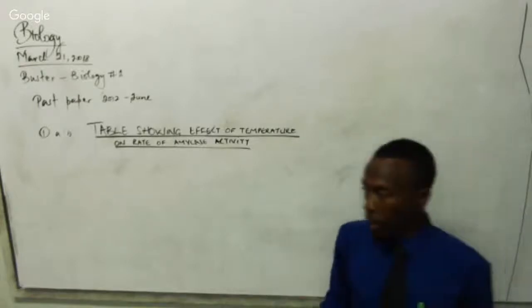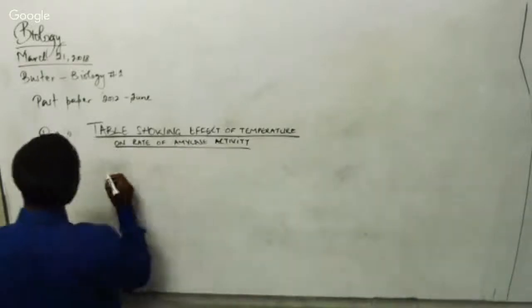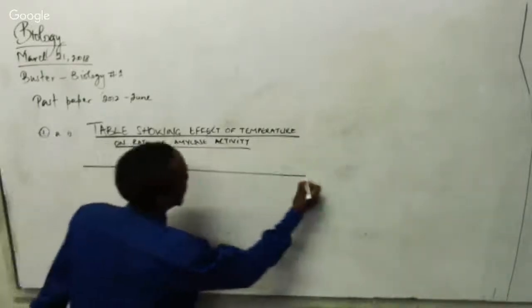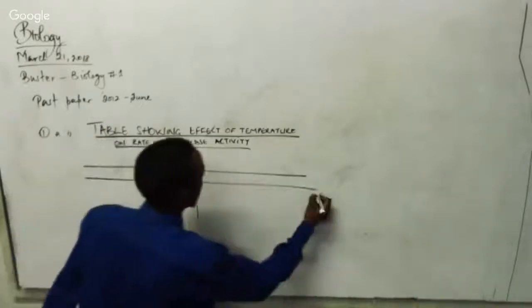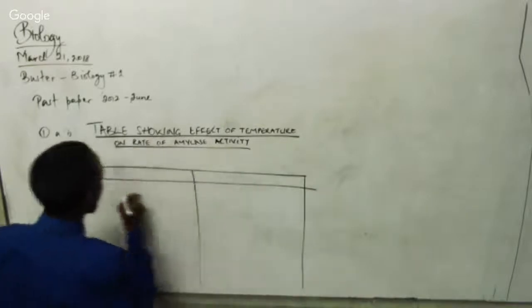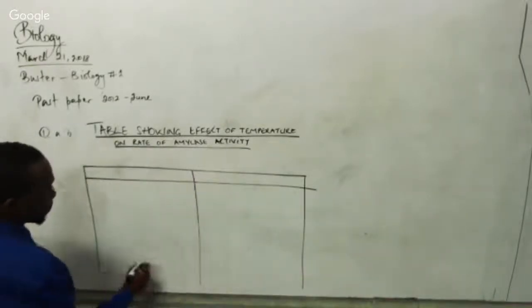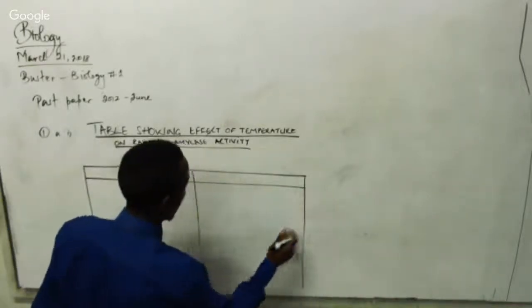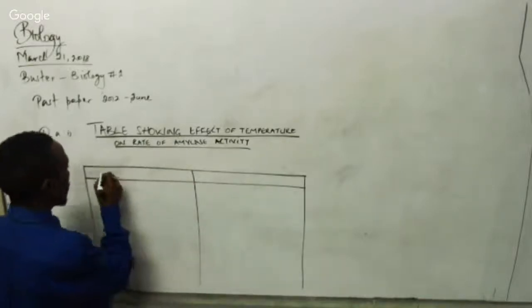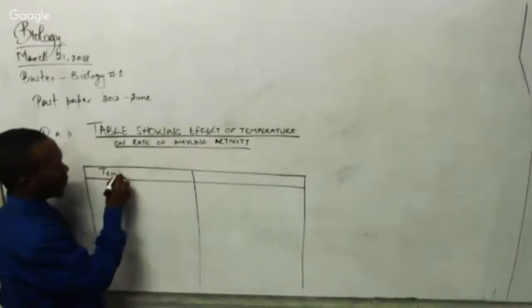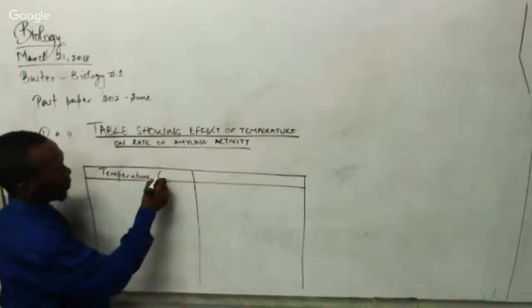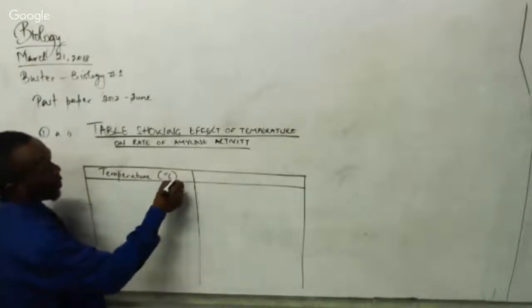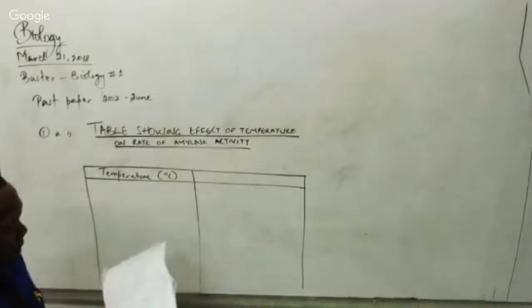Then you're going to construct your table. The table must be bounded by 4 lines, like this. Put temperature on this side. And the temperature is in degrees Celsius. You put the degree Celsius in a bracket.